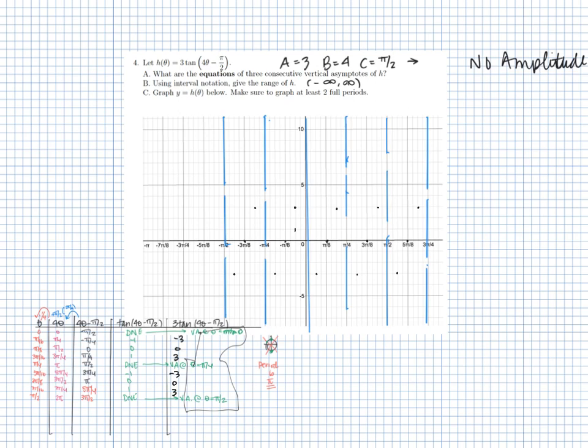And then we would just sketch it in. I'm going to sketch it in kind of in red, so you can see how these graphs look. And that is the graph of our tangent function for number 4.